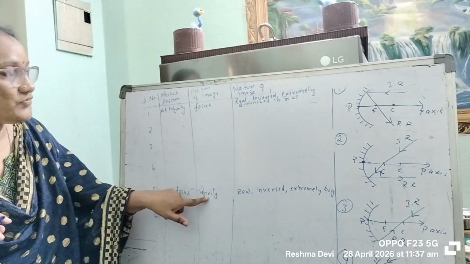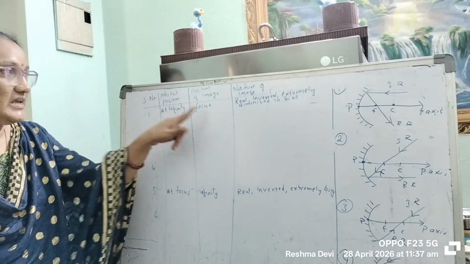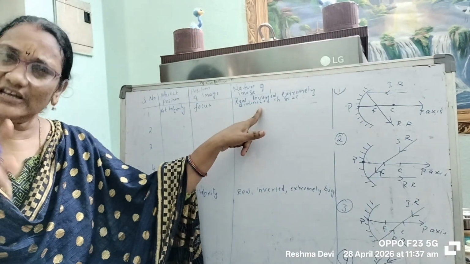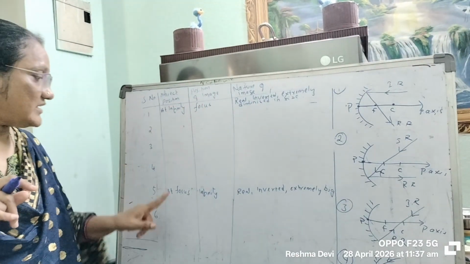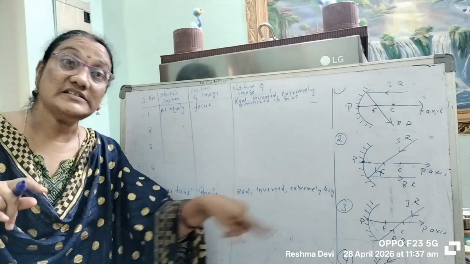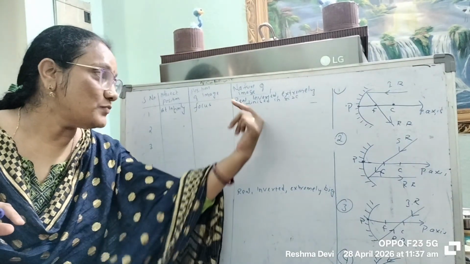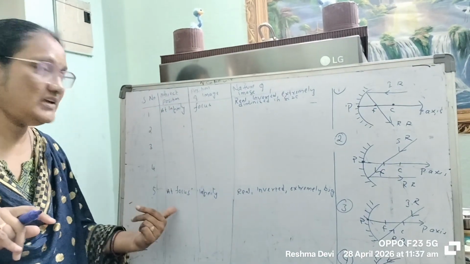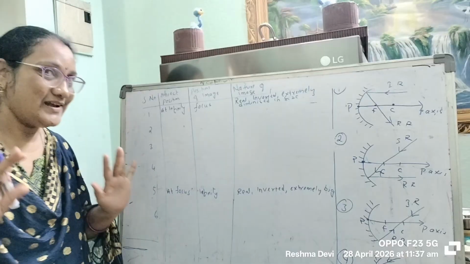Infinity, image formed at focus. Size of the image, very small. When it is at focus object, image formed at infinity and size is extremely big. Here small, here big. Here focus, here infinity. Here infinity, here focus. Right?